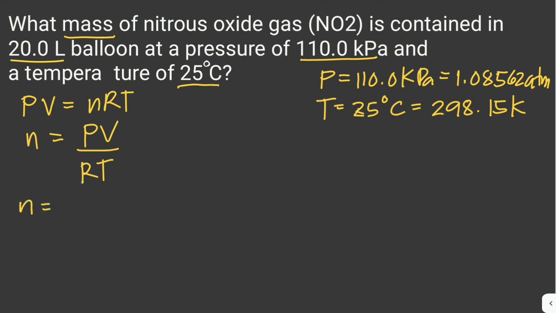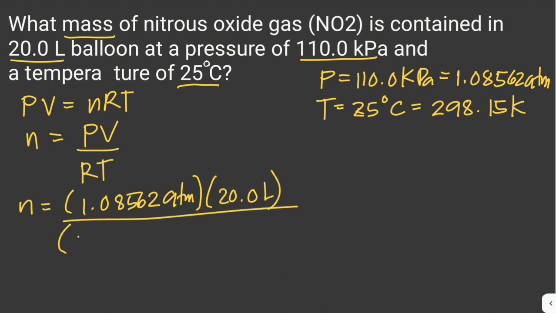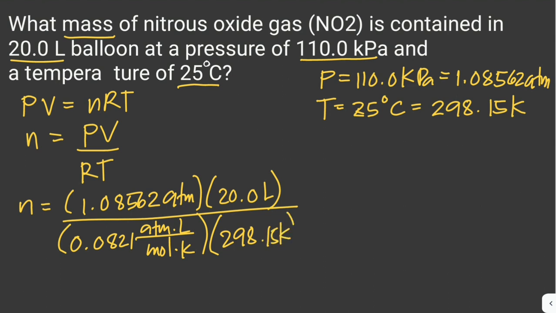So now we can plug in everything. So n is equal to our pressure, which is 1.08562 atm, times the volume, which is 20 liters, over the gas constant, which is 0.0821 atm liter per mole Kelvin, and then our temperature, which is 298.15 Kelvin.